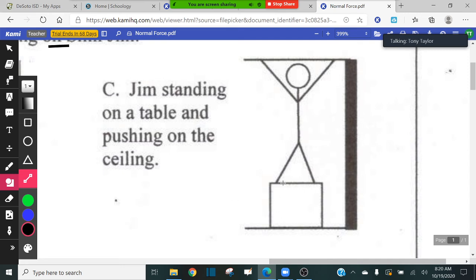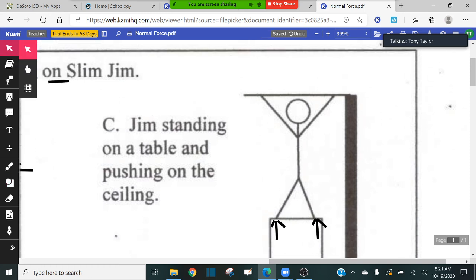Notice how his feet are in contact with the table, so that means the table must be pushing up on Jim like this. So that's a normal force there. Here's also another normal force, because that's another surface of contact. Again, those arrows are pointed straight up.